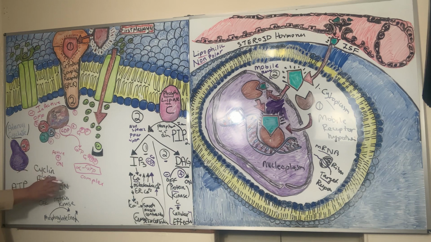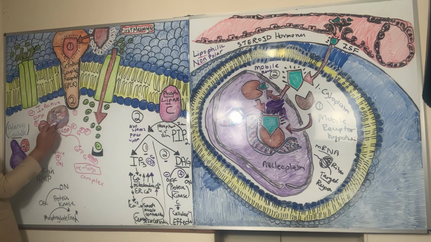And now we will have the alpha GTP complex on one side. On the other side, we will have our receptor attached to our G protein. The GDP is no longer there because it's now converted into GTP.